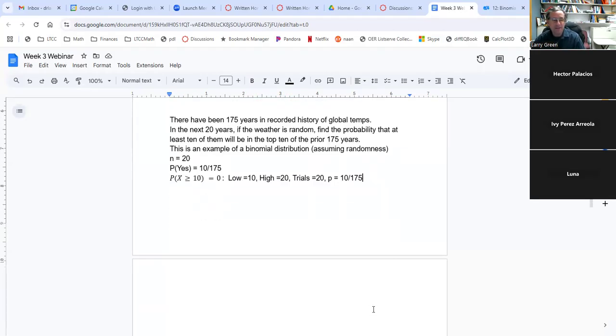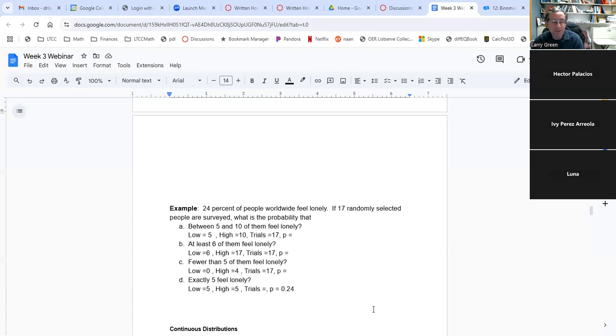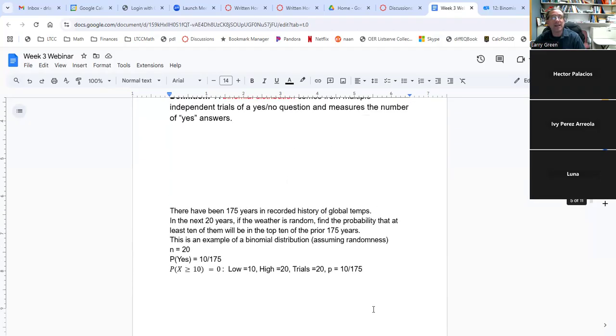Okay. Let's do another example. Okay. And oh, by the way, I looked it up today. They just came out in the news about the global temp from 2024, because we're not far away from that anymore. And 2024, any guess in terms of its rank in terms of temperature in the last 175 years?